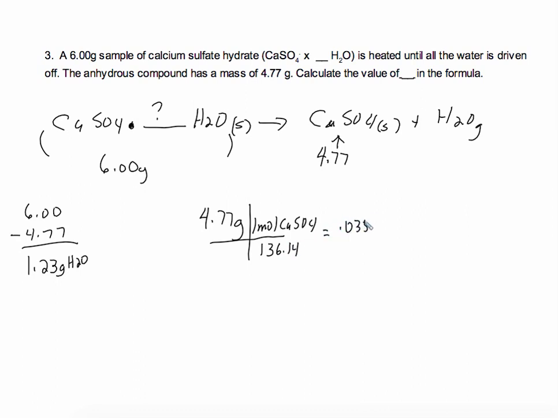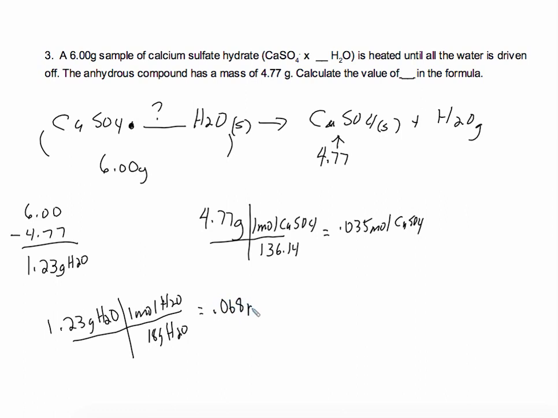So you end up having 0.035 moles of calcium sulfate. And then you take this water that you found, 1.23 grams water, change it to moles, and 1 mole water is 18 grams water. And so the moles of water is 0.068 moles water.